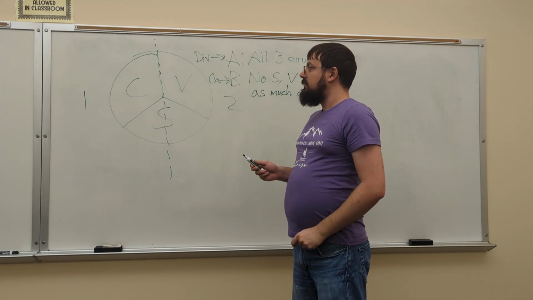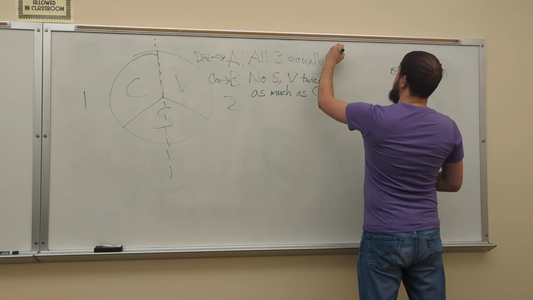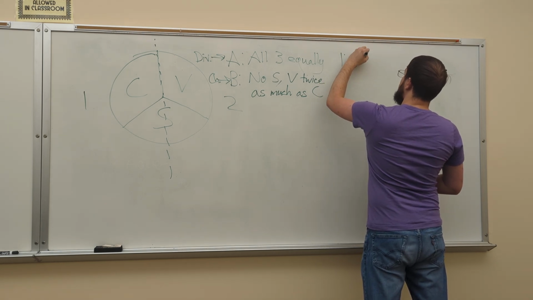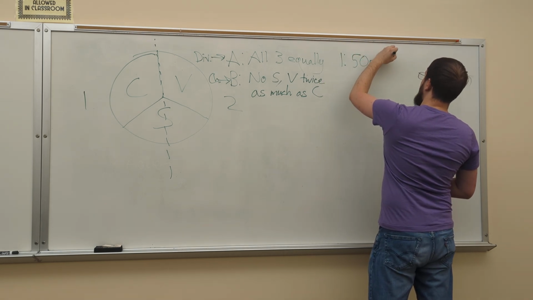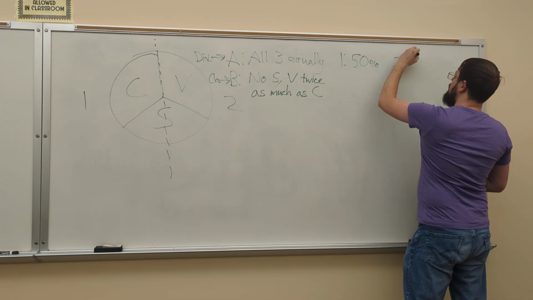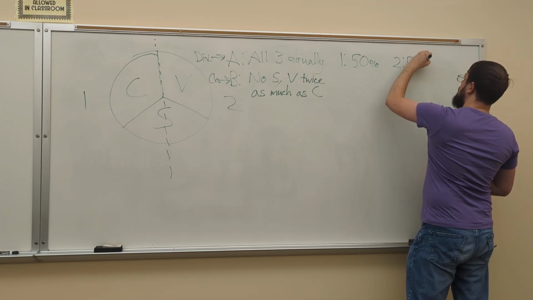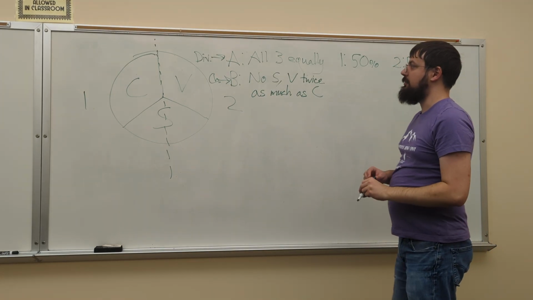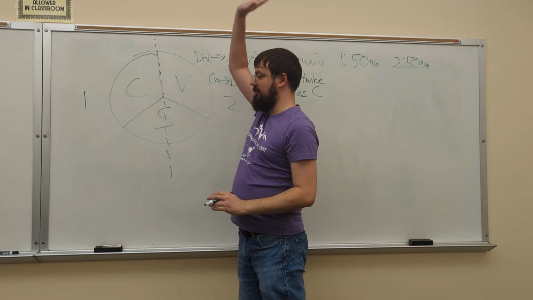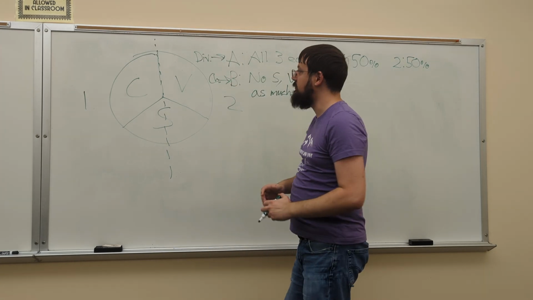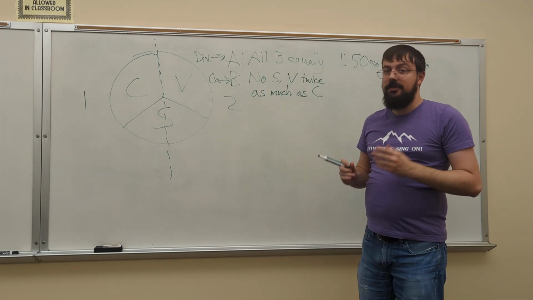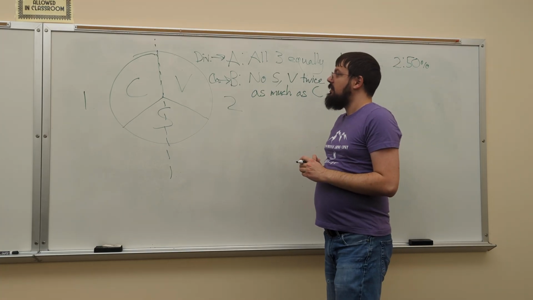Basically, A is going to say that 1 is worth 50% of the whole cake, and 2 is also worth 50% of the whole cake, because A values all three equally, and we've cut the cake just perfectly in half, basically.